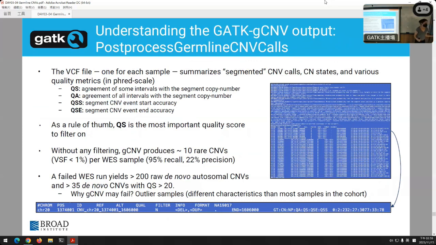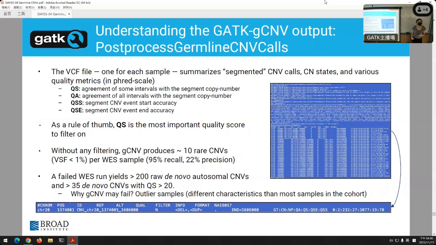What does that mean? That probably means that something went wrong, and the most likely explanation is that that sample was an outlier sample that was not similar enough to the samples that you used to train the GCNV model.